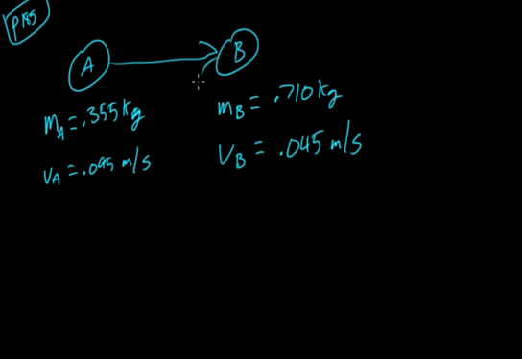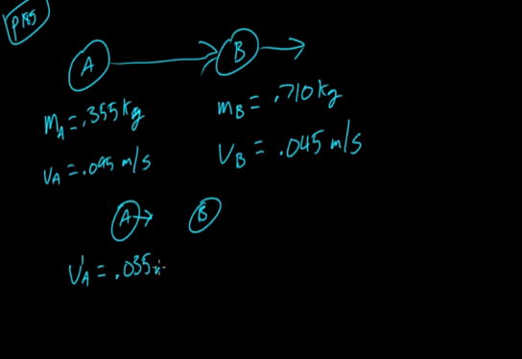After the collision, so now we're down here, we still have A and B. This is after the collision. A is still going this way with the velocity, so that means this is a velocity prime of A, with a velocity of 0.035 meters per second.